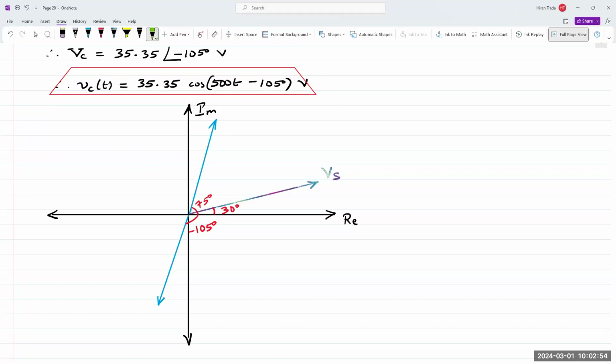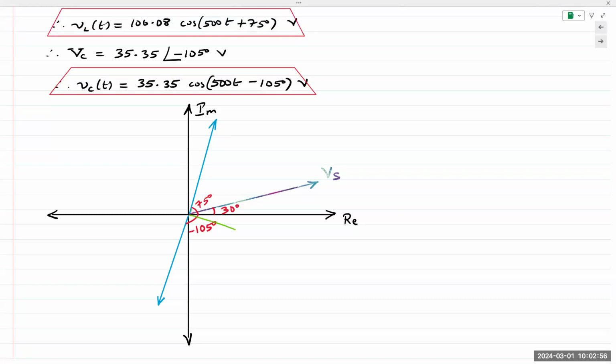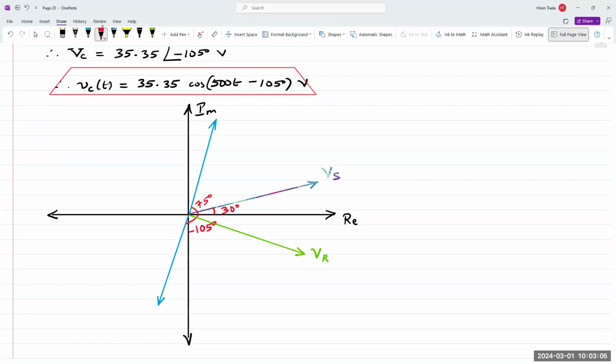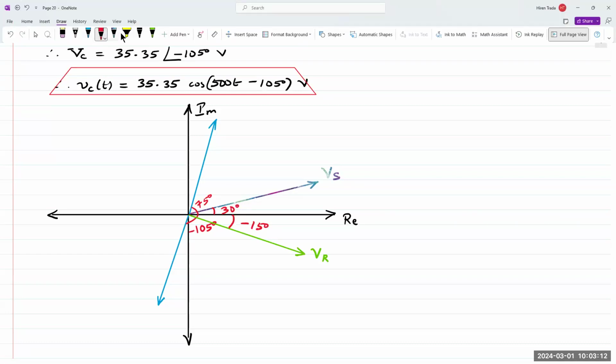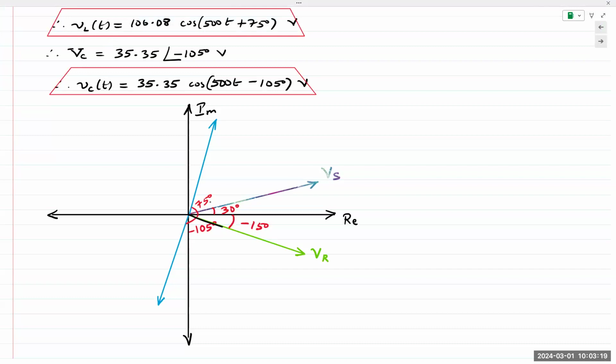So this is VR, and VR is at minus 15 degrees. And the current is also at minus 15. I'll draw that out in red. The magnitude is a little different, so I'm going to stop short right there. And that's I, again at minus 15.